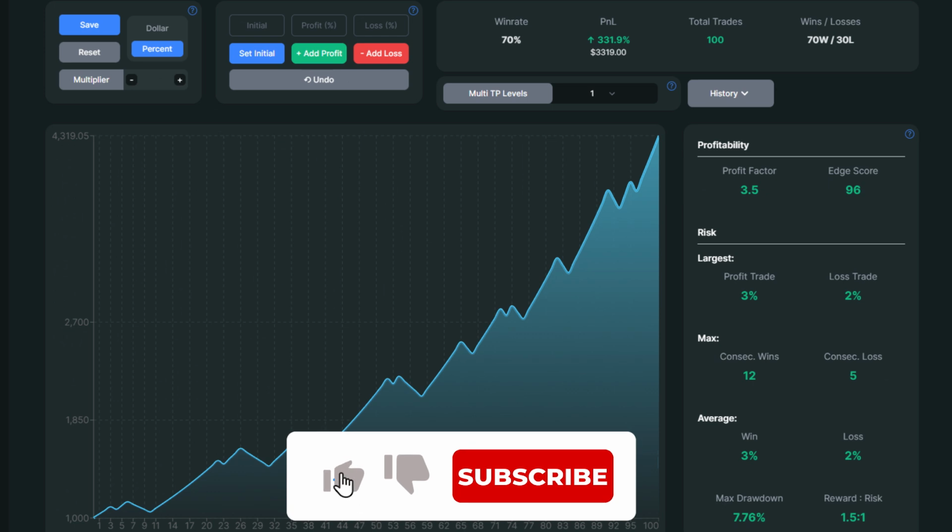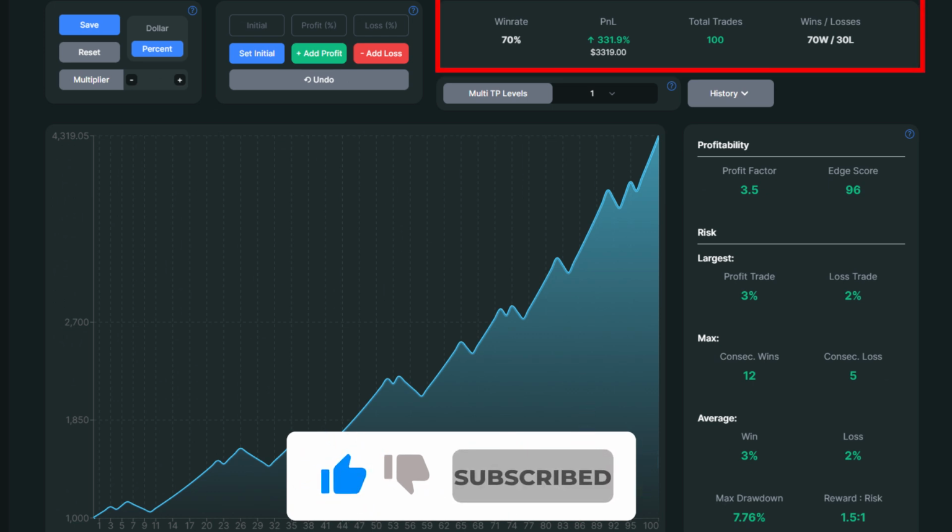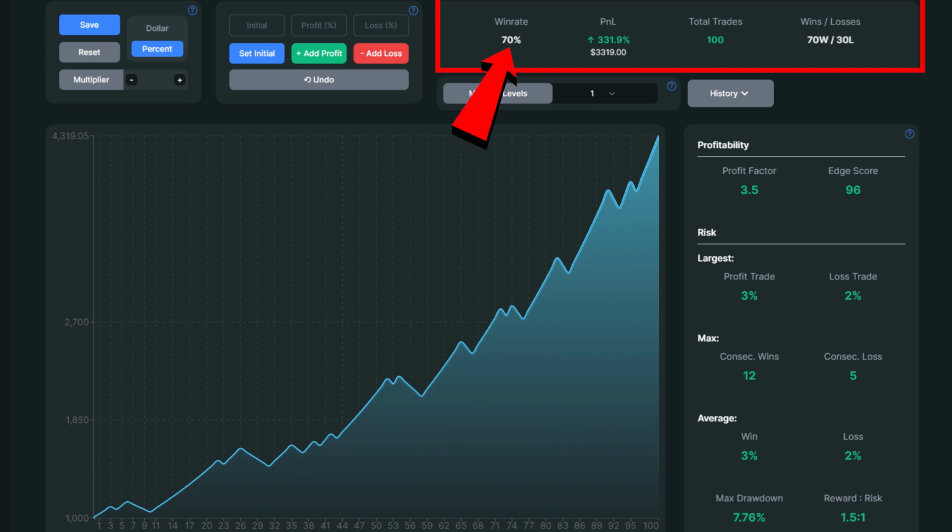We just accomplished the backtesting process. As you can see, the win rate has been at 70% after 100 trades, which is a superb value.